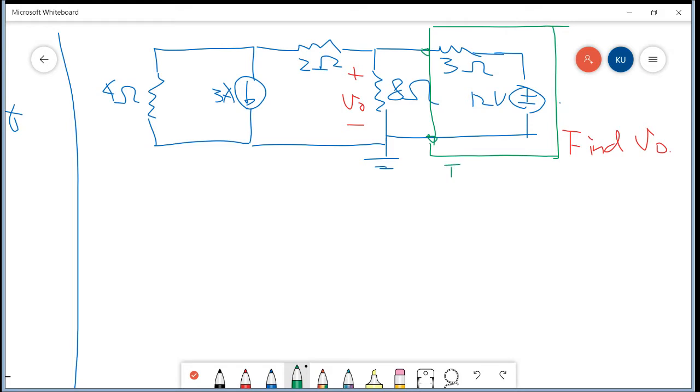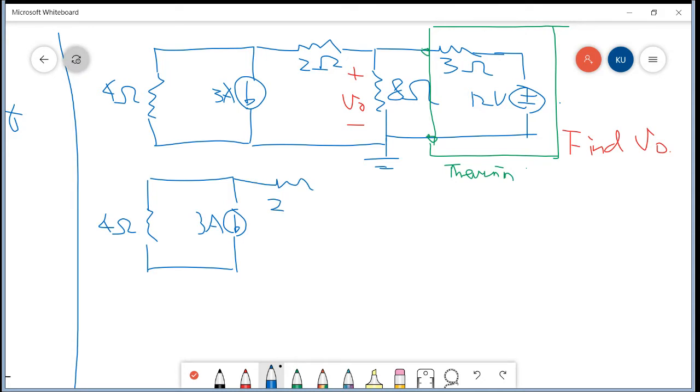So this is 8 ohm and VO. When we convert it into a Norton equivalent circuit, the resistance remains the same.